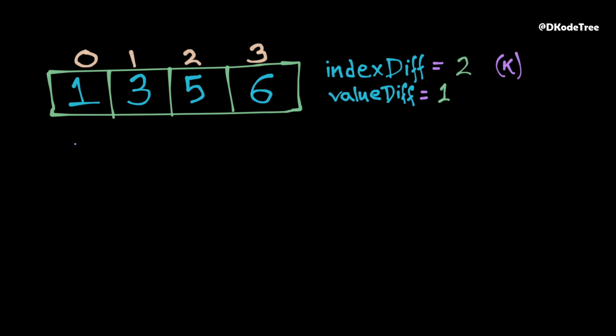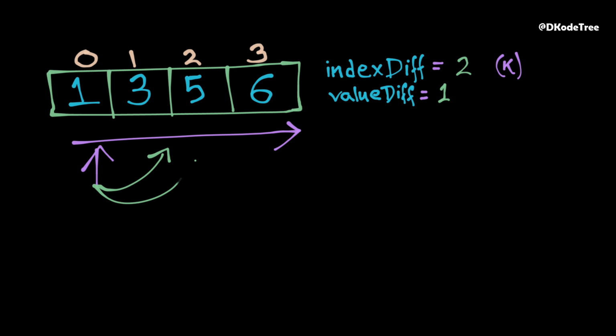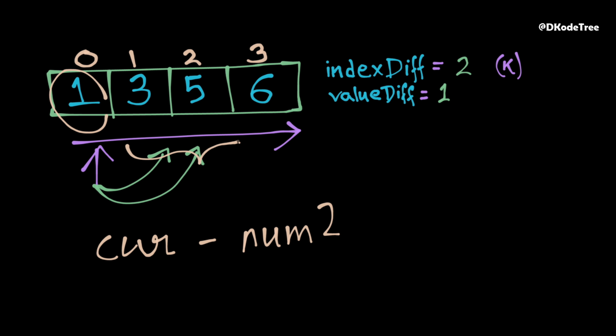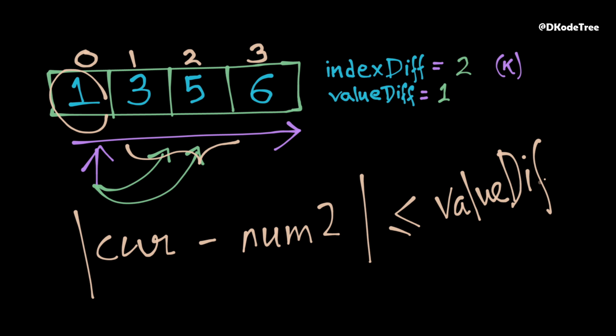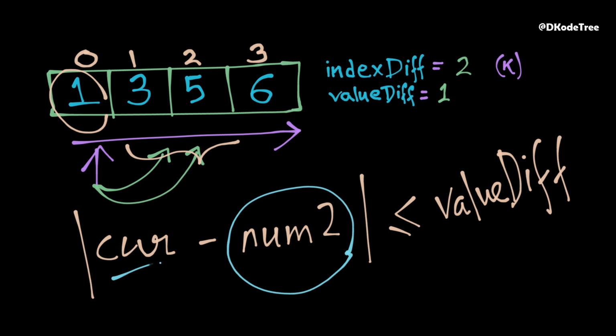The brute force solution for this problem is quite simple. We scan through the input array and for each element we compare it with the next k elements to check if the pair of the current number with any of these k numbers has an absolute difference less than or equal to the value diff. In other words, we are searching for the almost duplicate of each element within the next k elements.